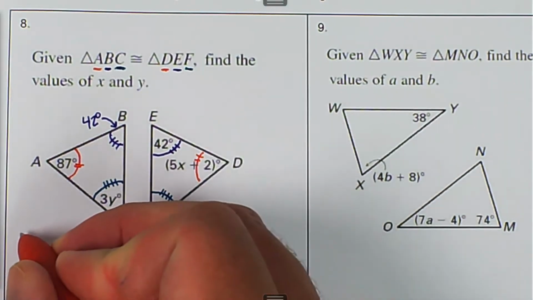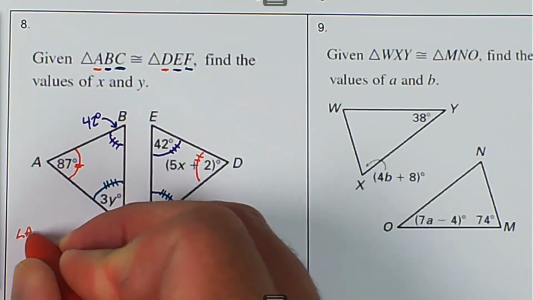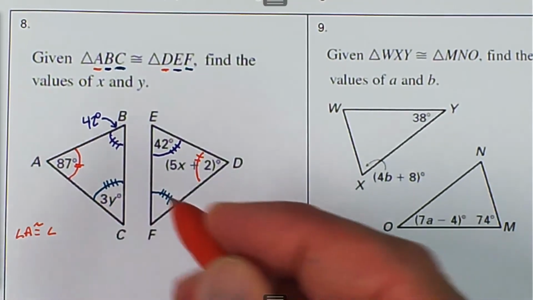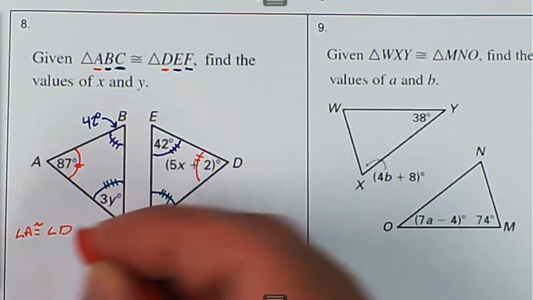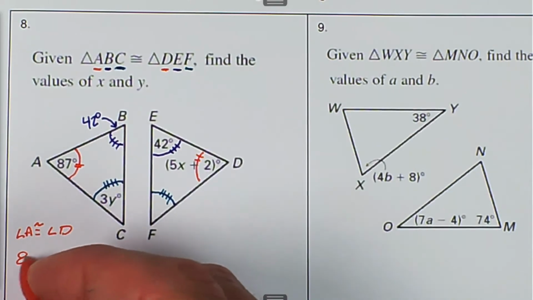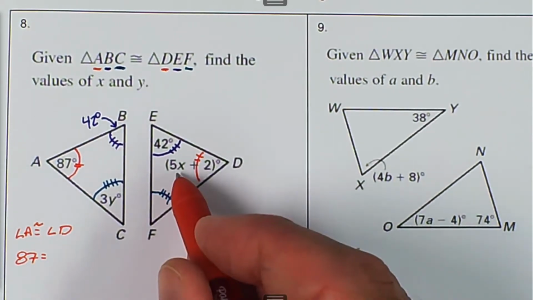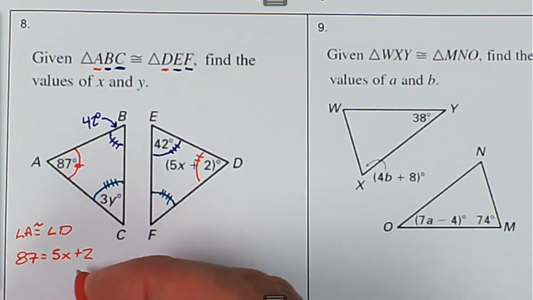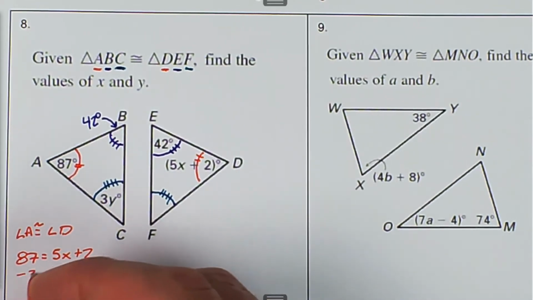So we can say angle A is congruent to angle D, and so we can say that their measurements are equal. And so 87 is equal to 5X plus 2. And then we can go ahead and solve that.